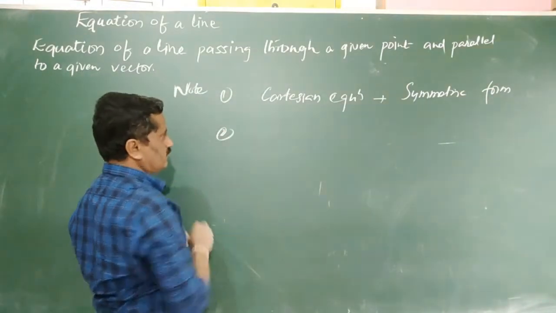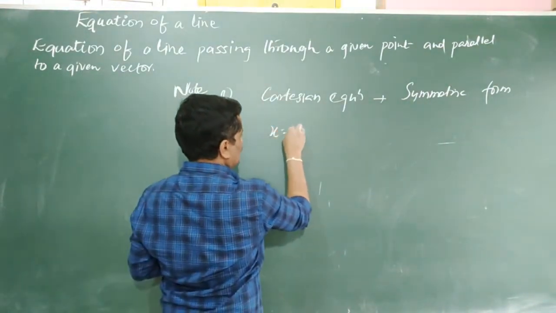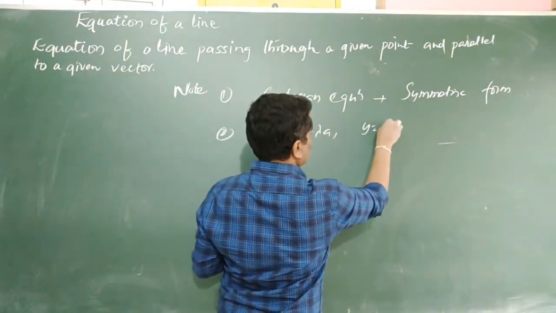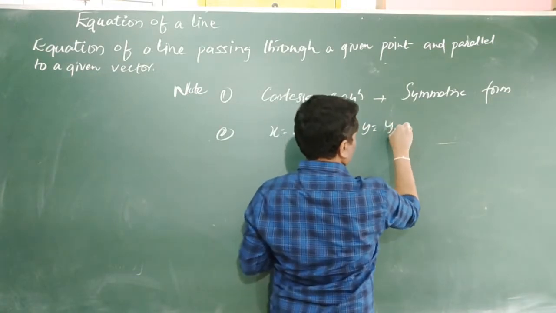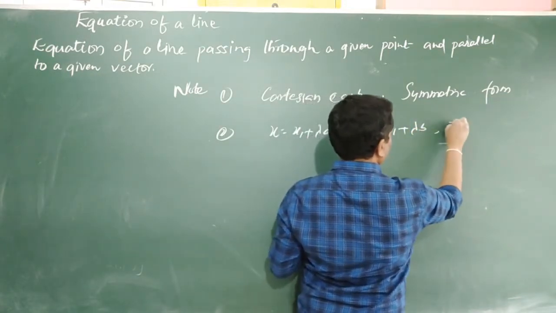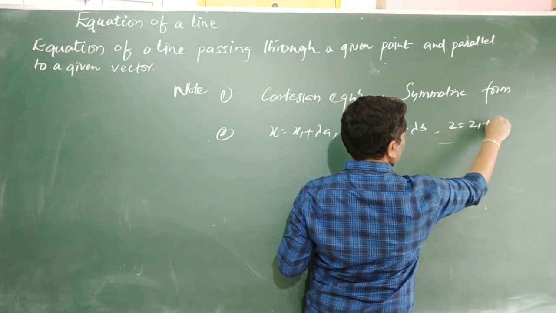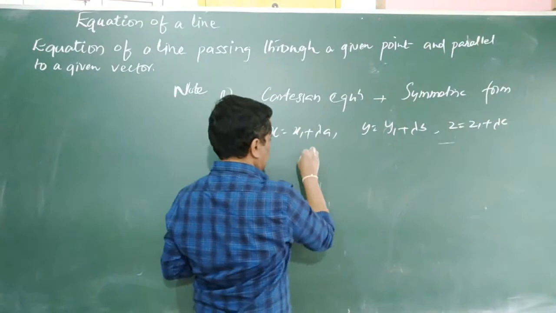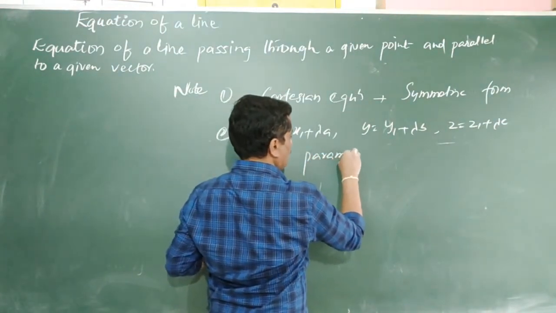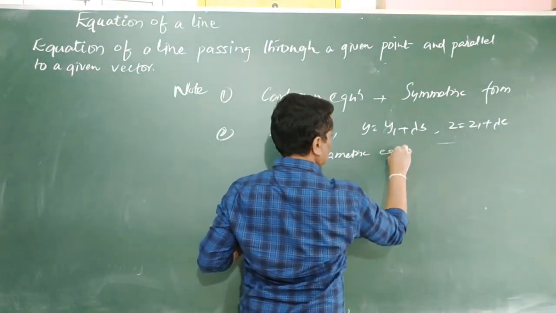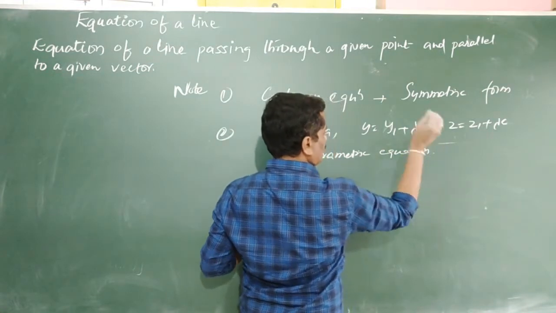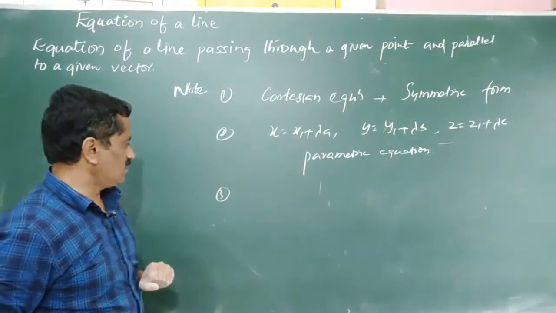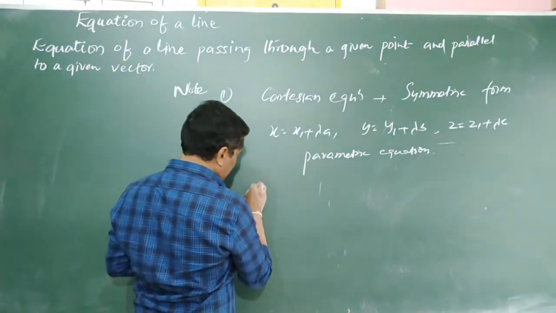Number 2, the equations x is equal to x1 plus lambda into a, y is equal to y1 plus lambda into b, z is equal to z1 plus lambda into c are known as parametric equations.